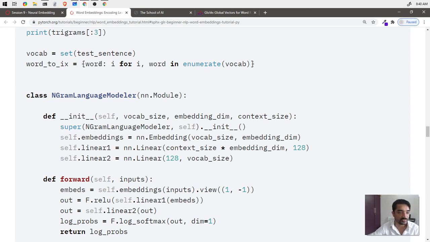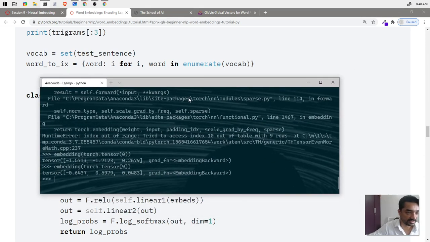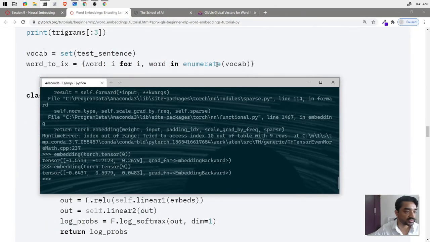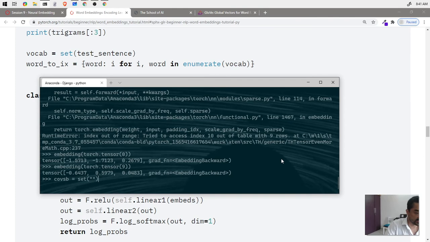Let me show it to you. That will be better. I'm going to write exactly the same line, and vocab set of the sentences. This is the sentence. Okay, so let's write vocab equal to set of whatever is inside.